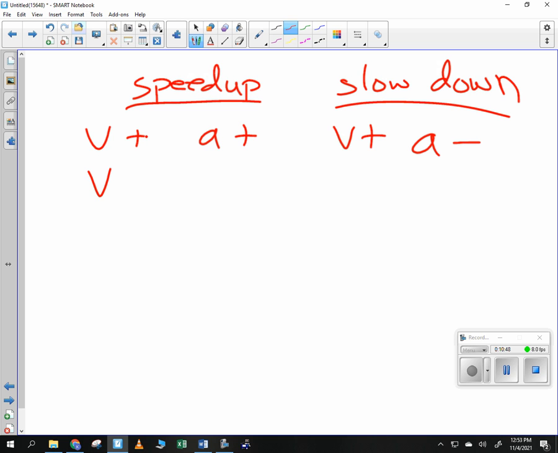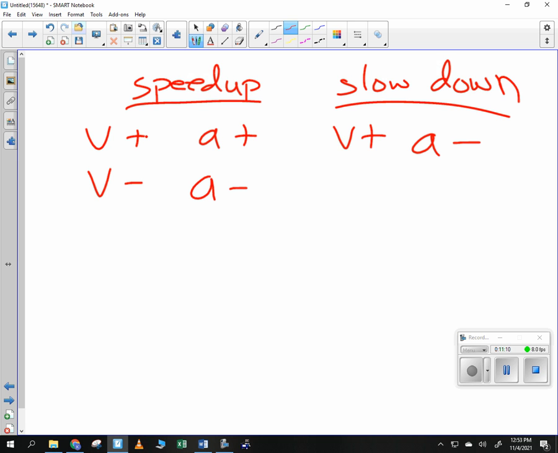Negative. Acceleration positive or negative? You're thinking positive because you're thinking of me speeding up, right? But acceleration has direction. So was I going in a positive direction or negative direction? I was going in a negative direction, okay? So acceleration at that time was also negative.